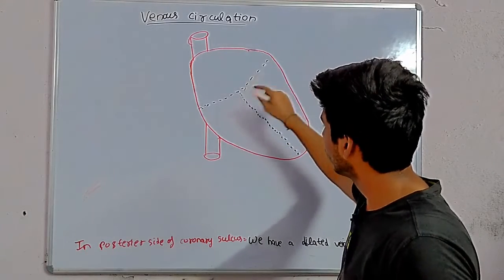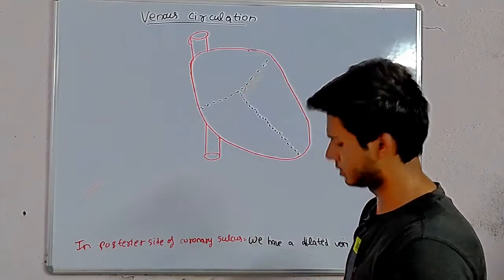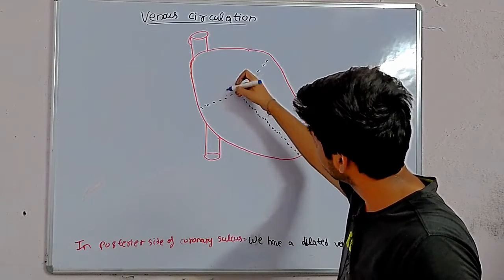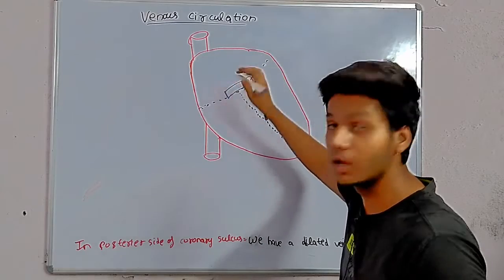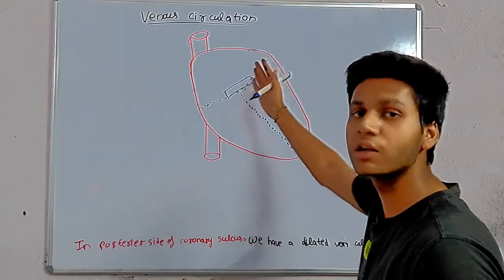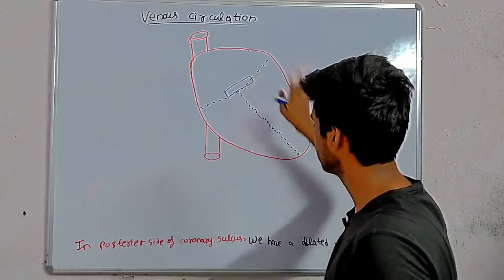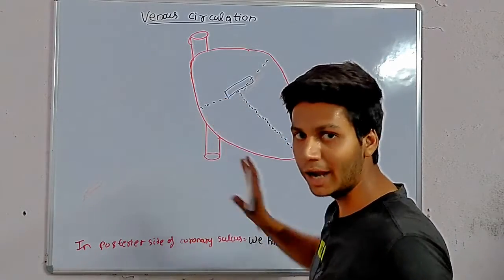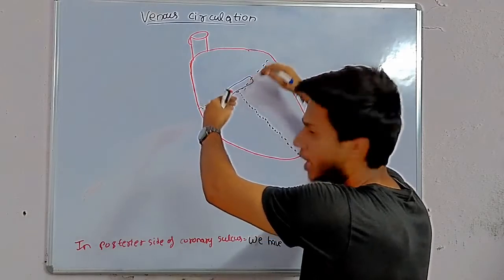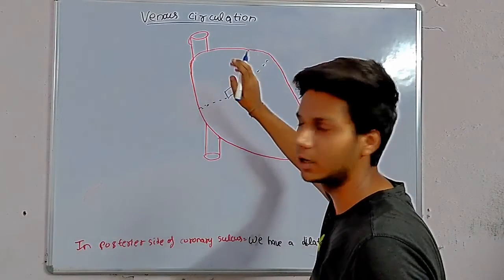So first we are taking the coronary sinus. We are just drawing the coronary sinus. Let's say this is the coronary sinus on the posterior surface of the heart, not anterior, posterior surface. All venous circulation comes to the coronary sinus on the posterior side and then drains into the right atrium.